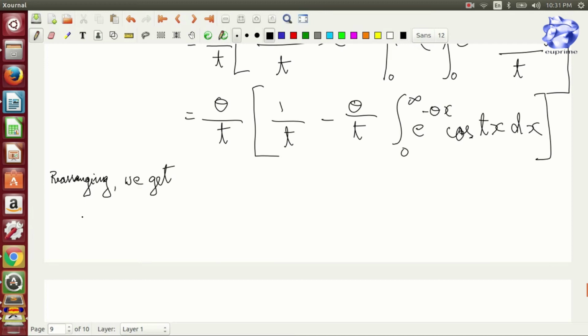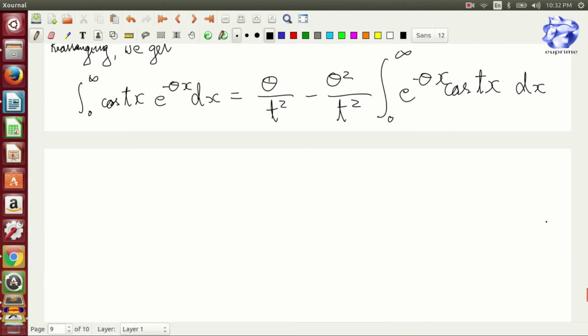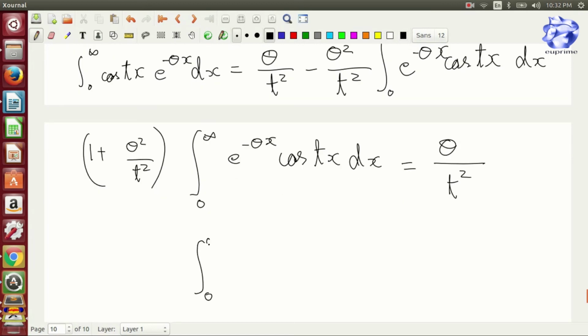So if you have some experience in integration, you would have encountered such type of problems where you get the question back on the right hand side of the equation. You take the question as common, that is, here we have the function cos tx e to the power minus theta x dx, limits from 0 to infinity. An indirect way of finding the integration. It's a trick method used in mathematics.